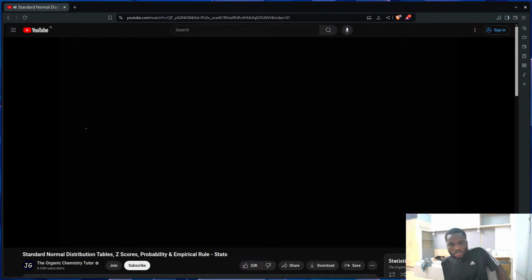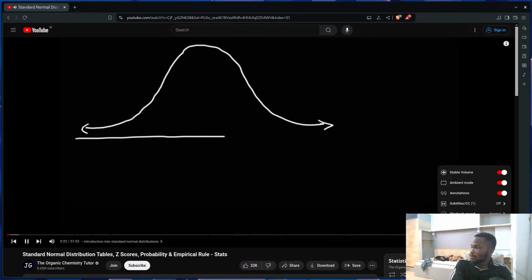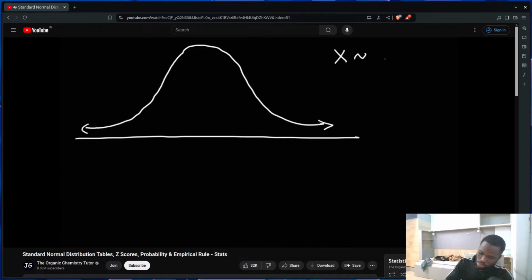So the normal distribution has the shape of a bell curve. It looks something like that. Now, the notation for it, perhaps you've seen this in your book, here's the random variable x. So for normal distribution, you have 2 important parameters that you need to know.